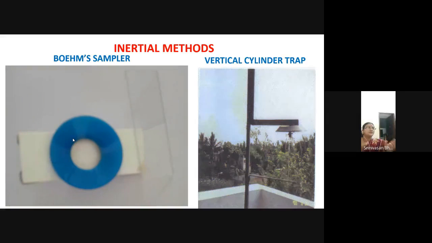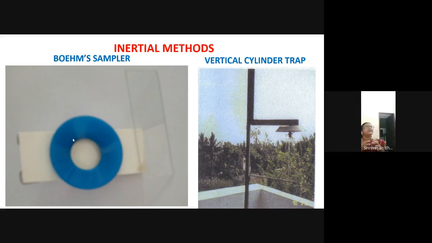So this is the Boehm's personal sampler, which is made of plastic, and here the sticky slide is used for air sampling. It is clipped on the clothes and you just move around, and this comes under the inertial methods, the Boehm's personal sampler.